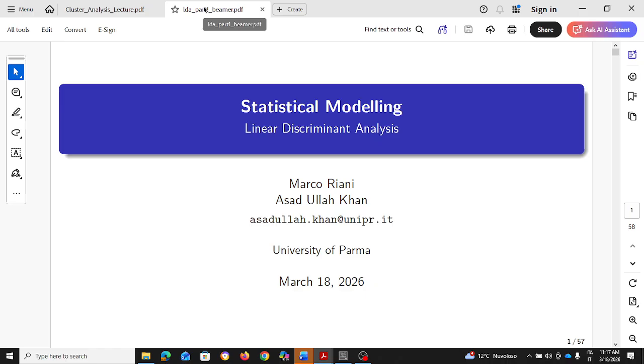Because in PCA, we don't know anything about the data, what's the structure inside the data, what's the classification there. That's why it is unsupervised learning. But when we move to supervised learning, now we talk about classes.